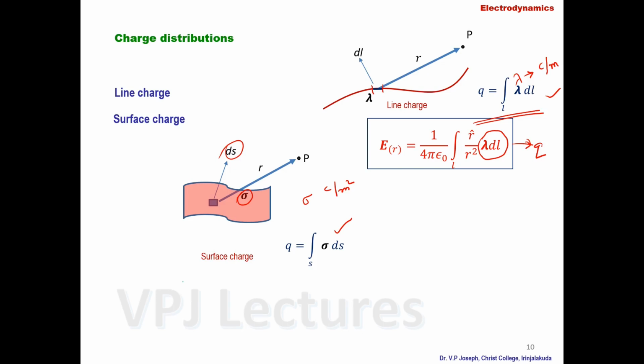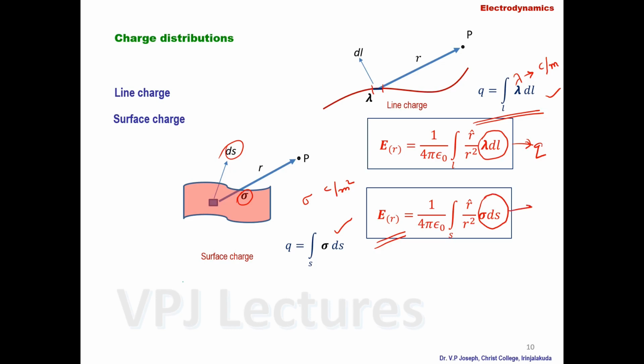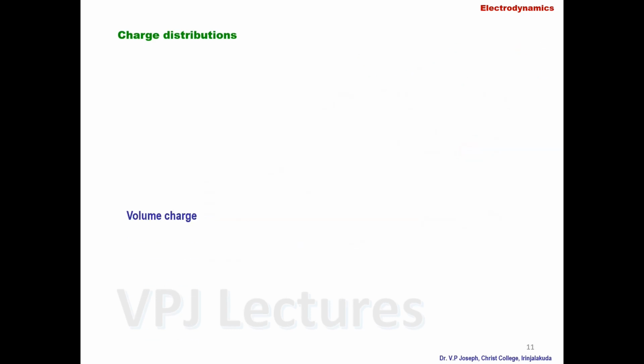Then the surface integral of sigma ds gives the total charge on the surface. So the expression for the electric field becomes E of r is equal to 1 by 4 pi epsilon 0 surface integral r hat by r square sigma ds. So sigma ds in this case is equal to Q.